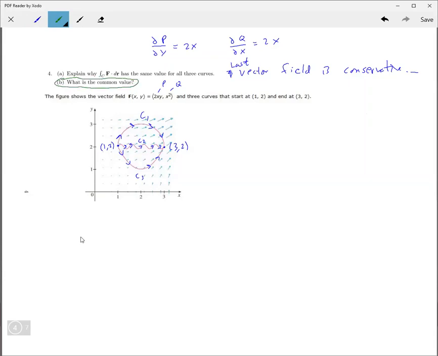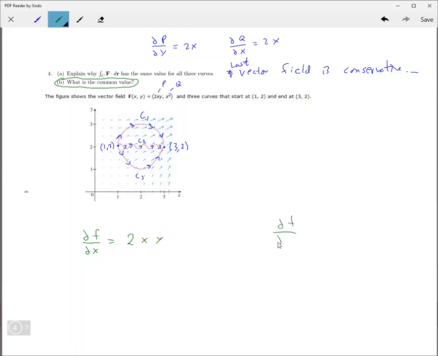If you take the partials, oh, no. So if it's conservative, that means that it is the gradient of some function, and that means that the partial of f with respect to x is 2xy.